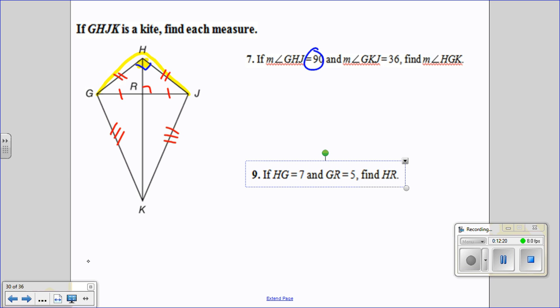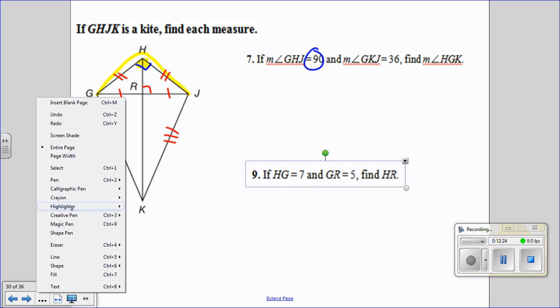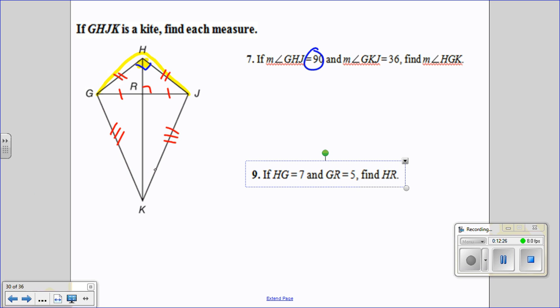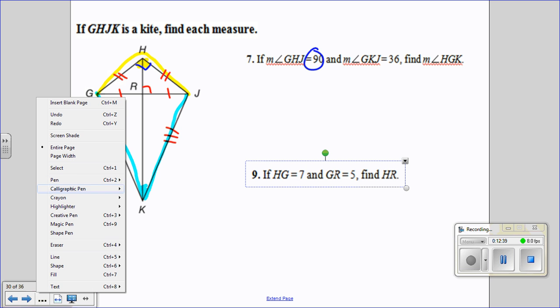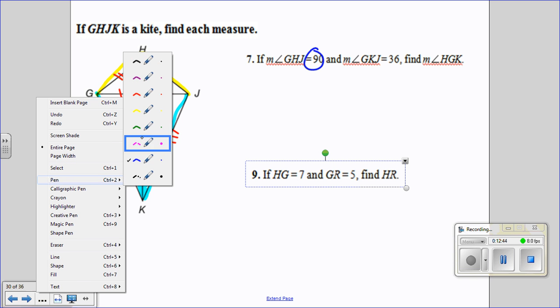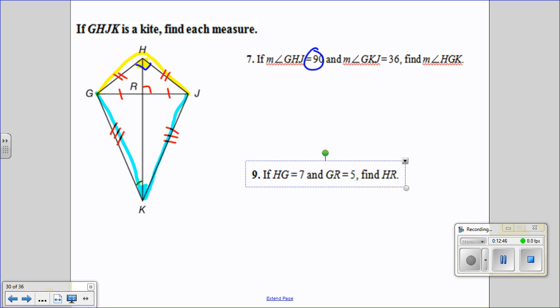And GKJ, so let's highlight that angle. GKJ, so it's this entire corner down here where K is located. That represents 36 degrees.